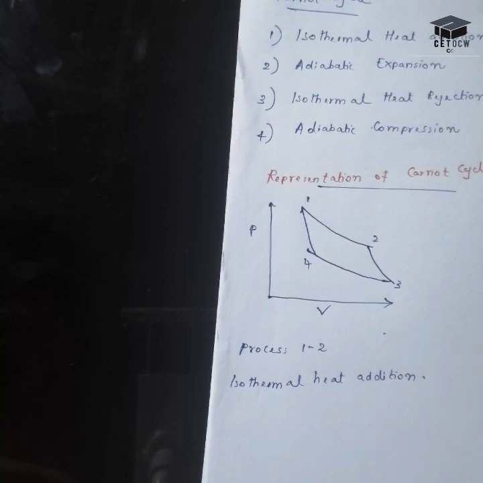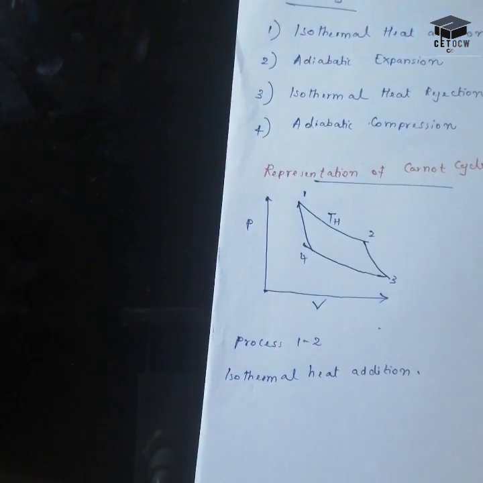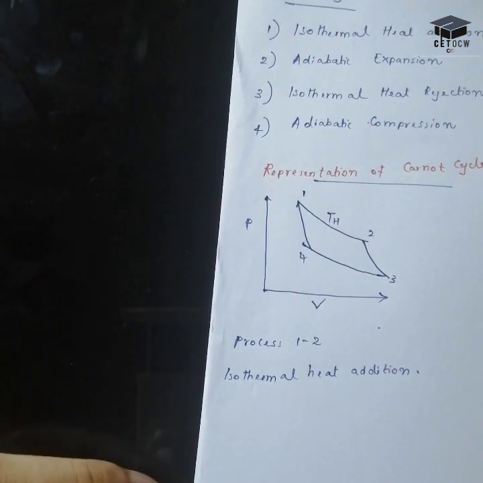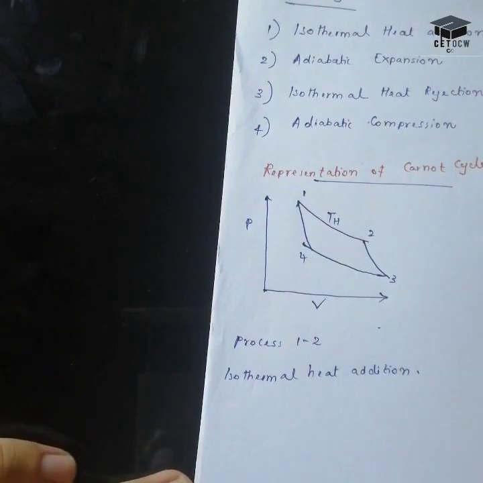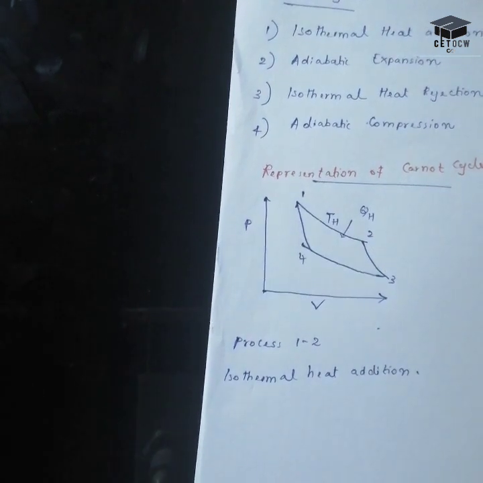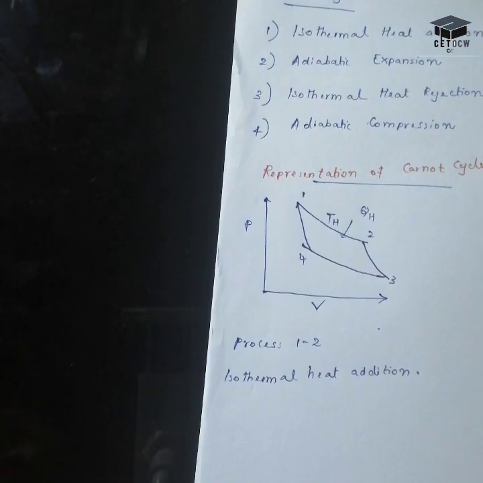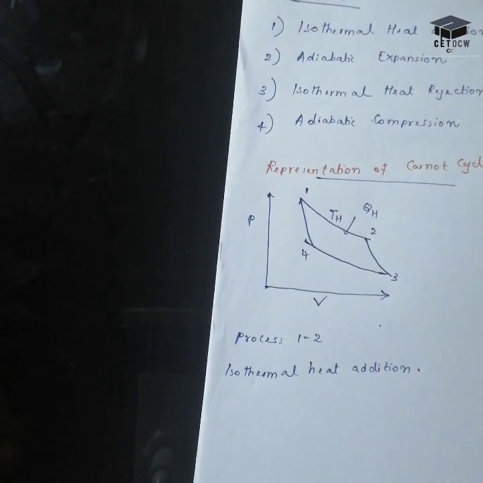Let the temperature be TH, and a certain amount of heat is added to the engine at temperature TH. Let that heat be QH. In process 1-2, the piston moves from volume 1 to volume 2 isothermally. Since the process is isothermal, the temperature remains constant.